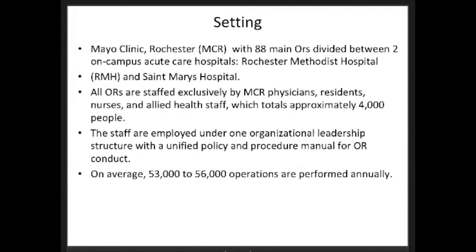One is Rochester Methodist Hospital, and the other is St. Mary's Hospital. All operating rooms are staffed exclusively by Mayo Clinic physicians, residents, nurses, and allied healthcare staff, which total about 4,000 people. The staff are employed under one organizational leadership structure with a unified policy and procedure manual for OR conduct.